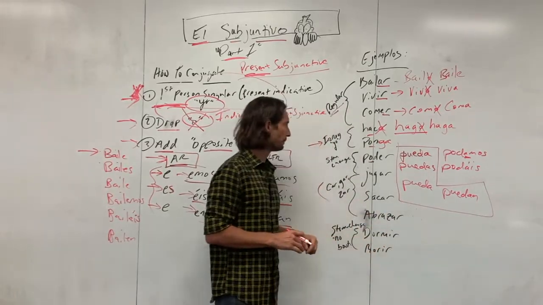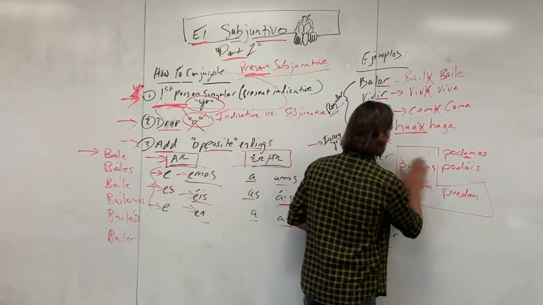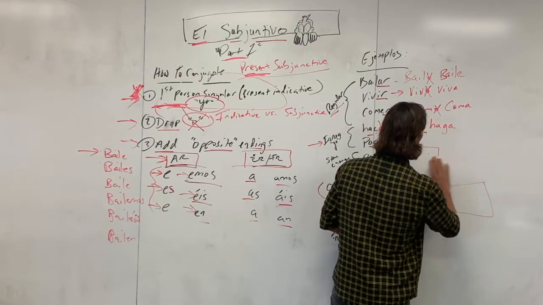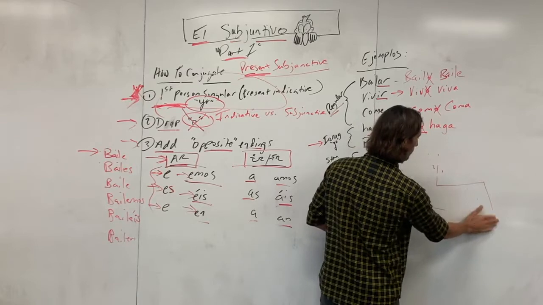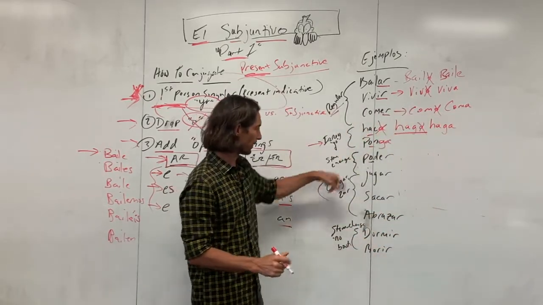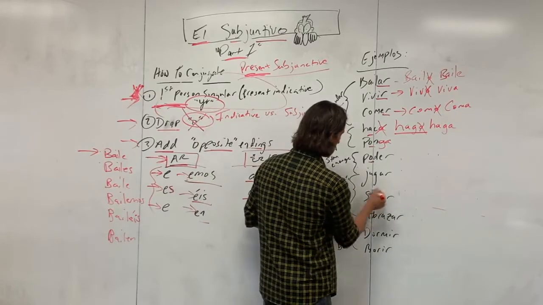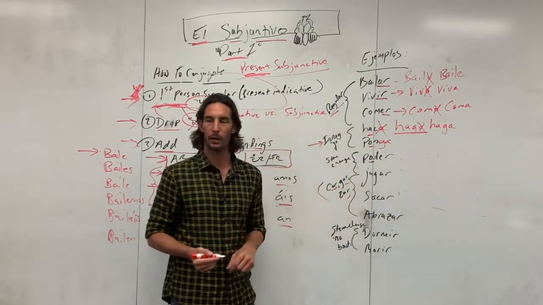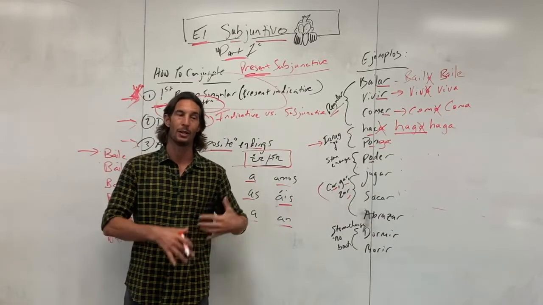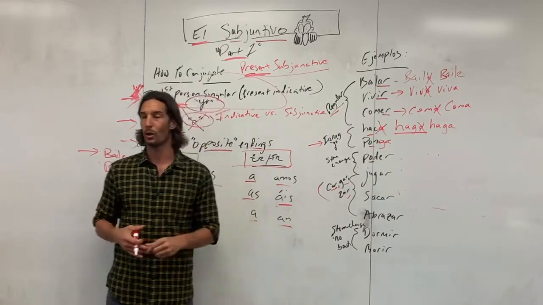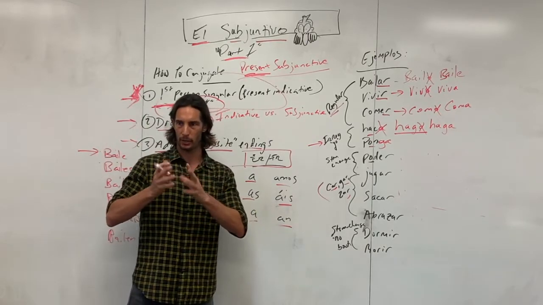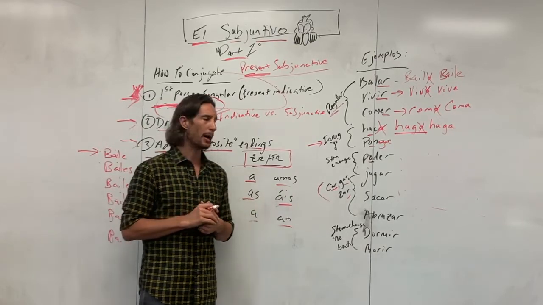So I'm going to erase this, and we're going to put jugar in there, because jugar is working as my segue here into these, as I have here, car-gar-zar. Jugar, as you all know, is a U to UE stem change, but it's also a car-gar-zar in the preterite. So both of those are going to come together here.